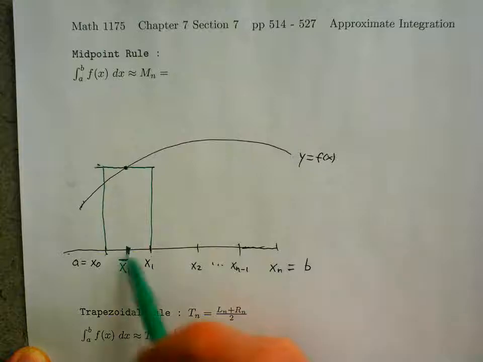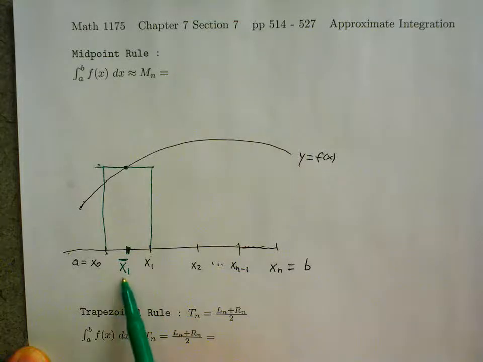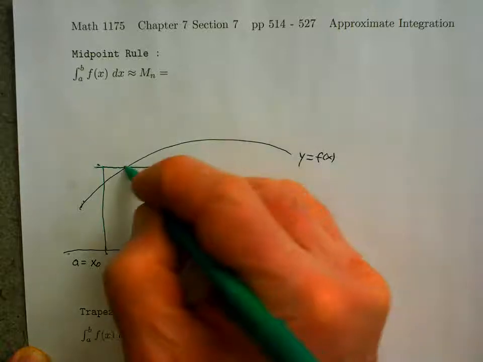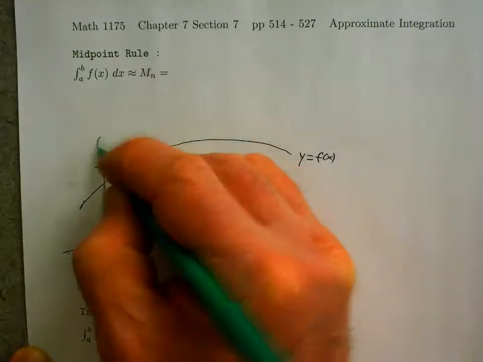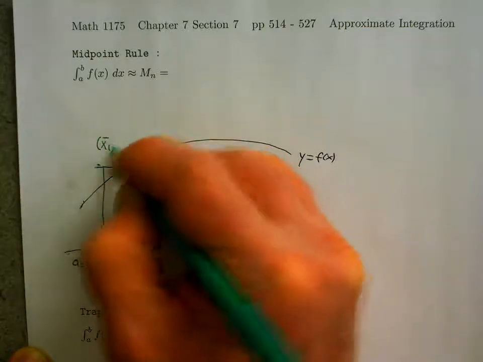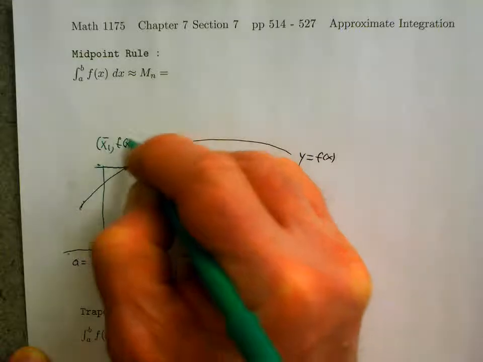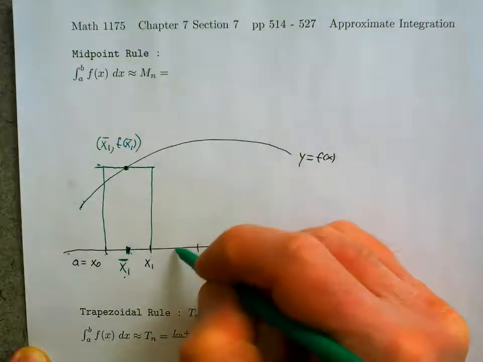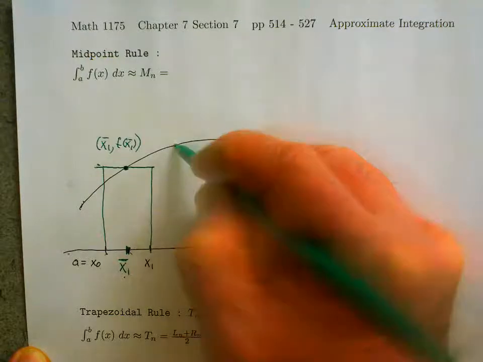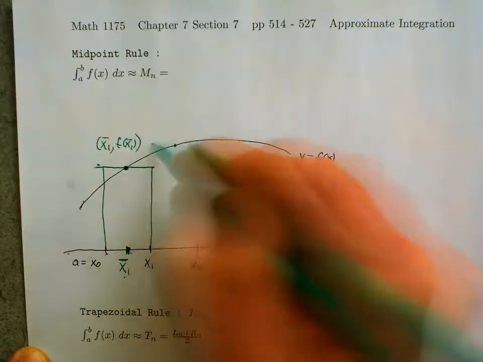I'll explain more explicitly what x sub 1 bar is in a minute. But the height of the rectangle is f of x sub 1 bar. This ordered pair, x sub 1 bar, f of x sub 1 bar. And then we do the same thing on the other intervals.